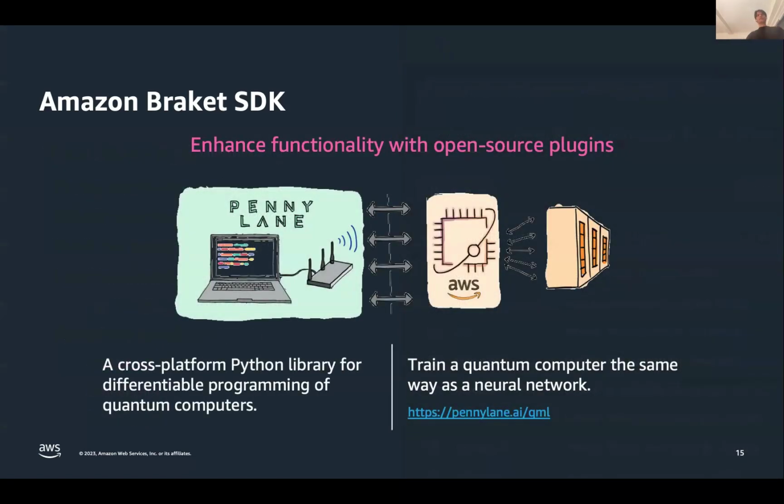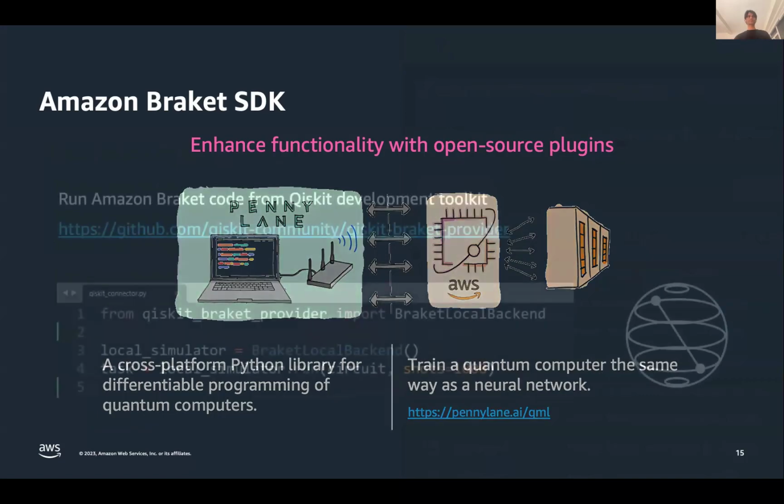Amazon Braket also comes with enhanced functionalities such as integration with open source plugins such as PennyLane, the leading software package for quantum machine learning and training neural networks. PennyLane is part of Amazon Braket, so when you install Amazon Braket, PennyLane comes with it, and you can use PennyLane in Amazon Braket as well.